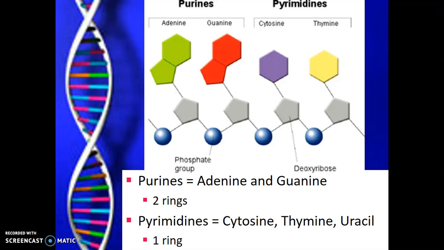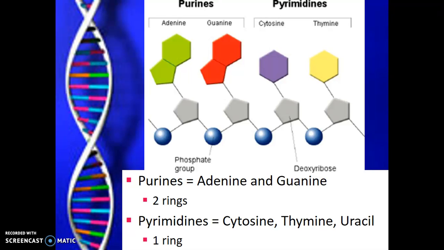So here's what your bases may look like. This is a little bit more specific and a little bit more intense. Honor students, you're going to want to remember this. My CP students, this isn't quite as important for you. But there are 2 shapes that our bases take. You have purines, which are your A's and G's, and you have pyrimidines, which are your C's, T's, and U's.